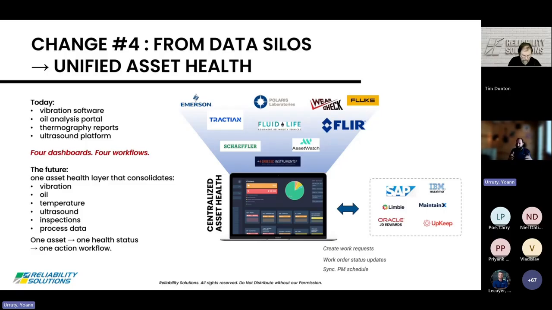Think about it: if you're feeling sick and you go to your family physician, they're going to send you to take a bunch of tests, but if in the end that person doesn't receive all these blood sample results, EKG results, and so on and so forth, they're a bit blindsided, right? So the idea is everything in one place, integrated with the CMMS, because in the end, the CMMS remains the maintenance and work orders system.